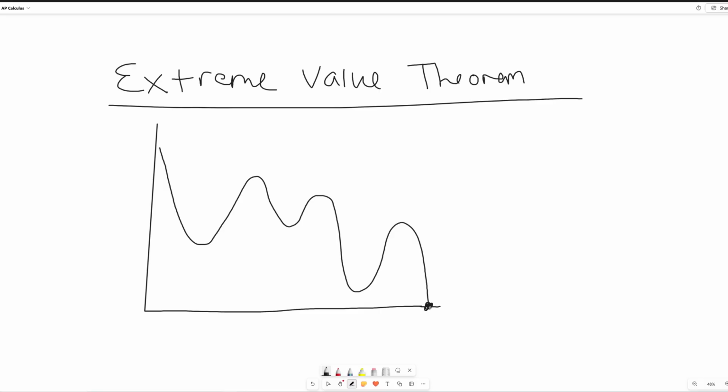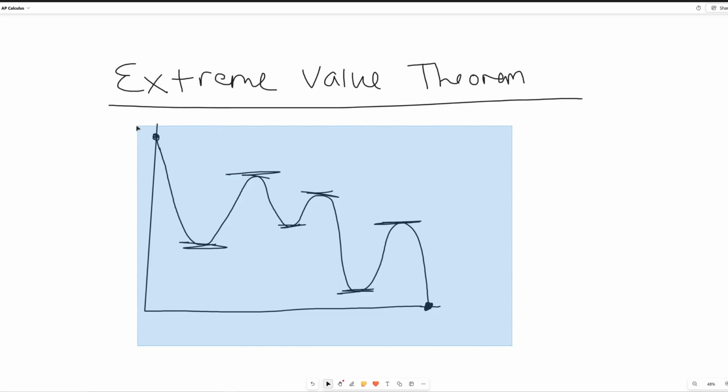If you just look at the graph, the absolute minimum is clearly right here, because it's the lowest point, and the absolute maximum is right here. However, if this were a function and I gave you the critical points, you know, there's a lot over here, but if I gave you these critical points and you analyzed all of the critical points and you determined, okay, this one's the maximum, you would get the wrong answer.